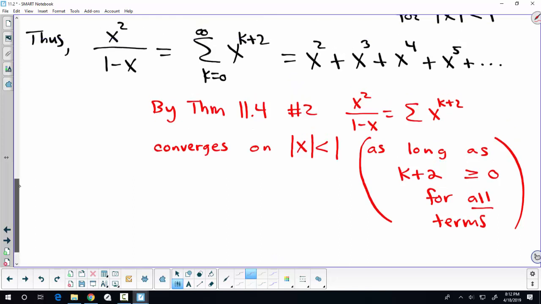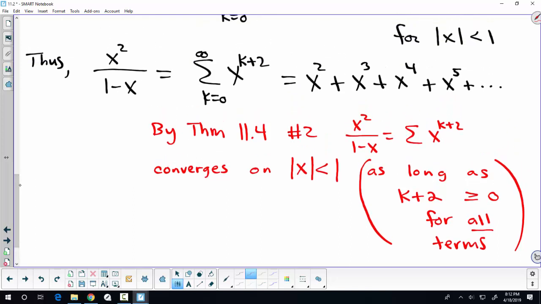So the function x squared over 1 minus x is equal to the sum as long as we're in between negative 1 and 1. The same interval of convergence that the geometric series has.